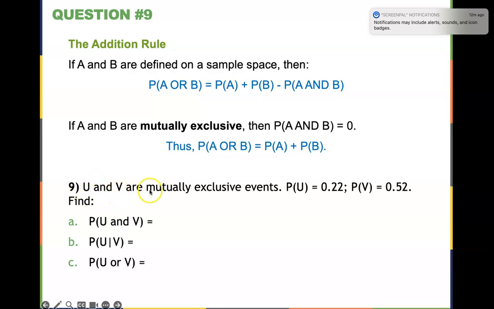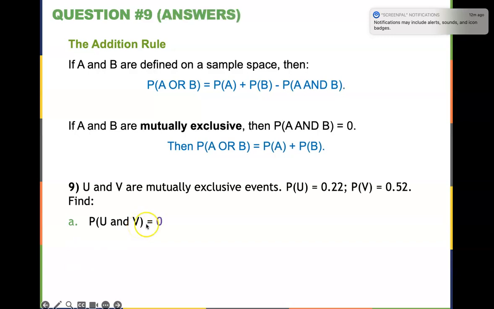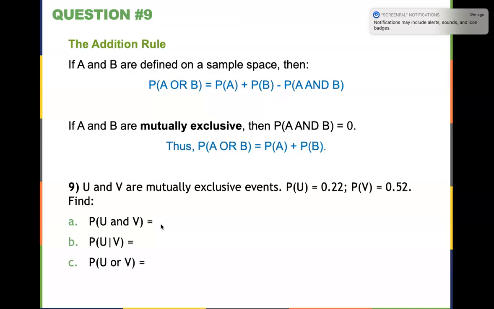U and V are mutually exclusive events. If two events are mutually exclusive, that means their intersection is 0. So P(U and V) would have to be 0. Second question, U given V. What is the relationship between mutually exclusive and given?